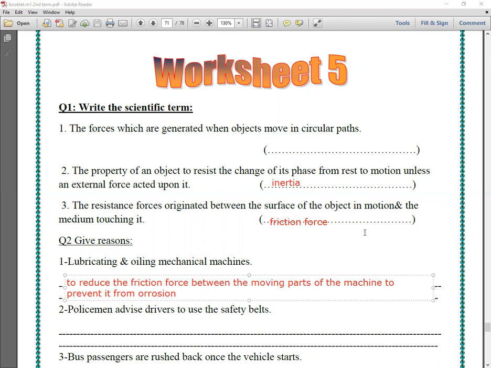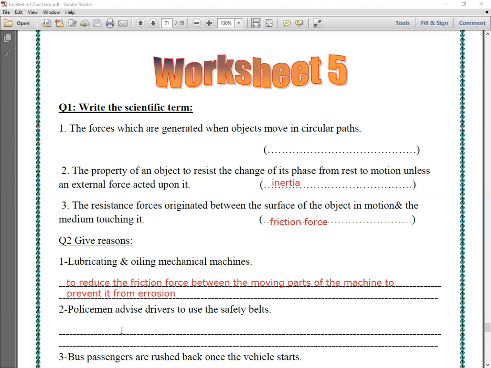Number 2, police advise. The police advise drivers to use the safety belts. Why? Why the policemen advise drivers to use the safety belts?